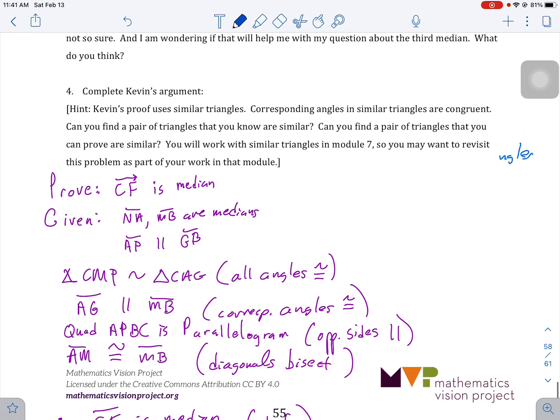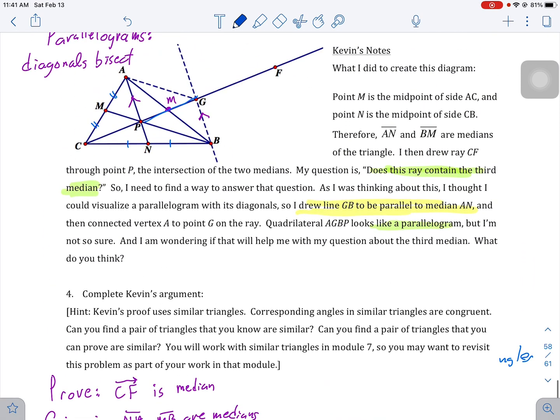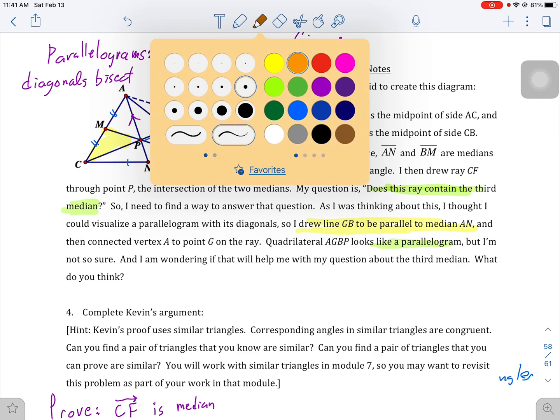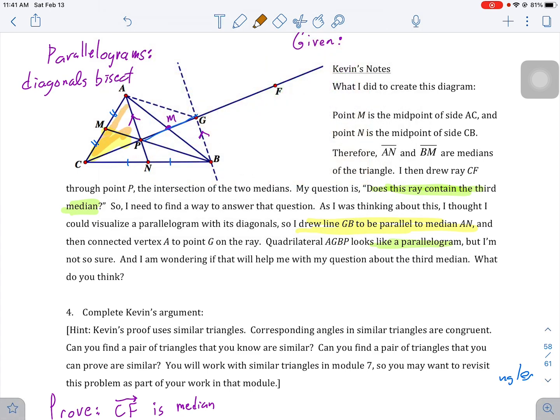And if we can actually show that CMP and CAG are similar, so this triangle right here is similar to the larger one here, just like the example we did earlier.